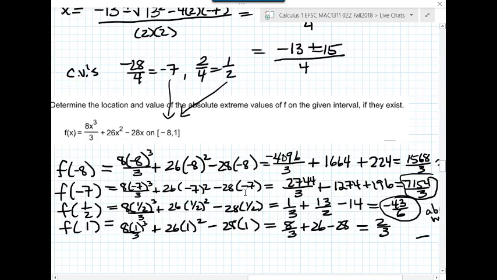So this would be our absolute max, and this would be our absolute min, assuming I did my arithmetic correctly. So I don't want to keep you any longer. The idea of this is to check the critical values and the endpoints, and then just plug them into the original function, and whatever's the biggest is your absolute maximum, whatever's the smallest is your absolute minimum.